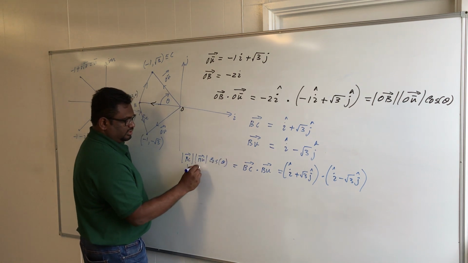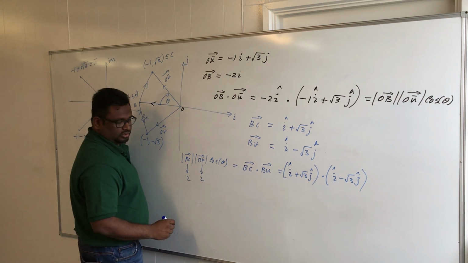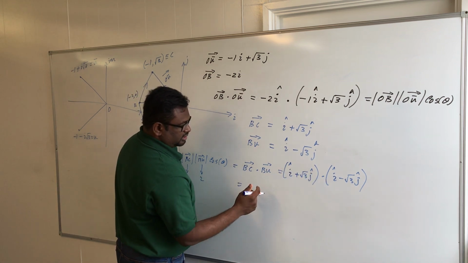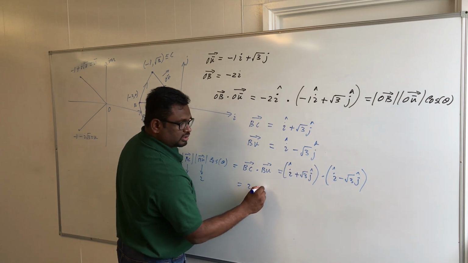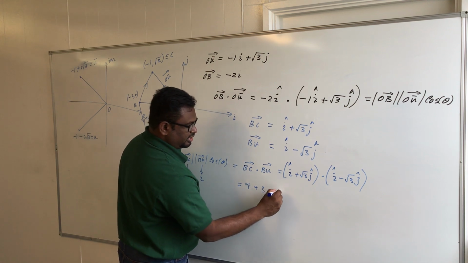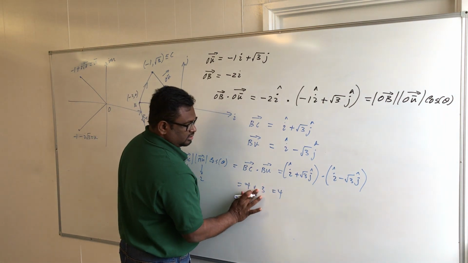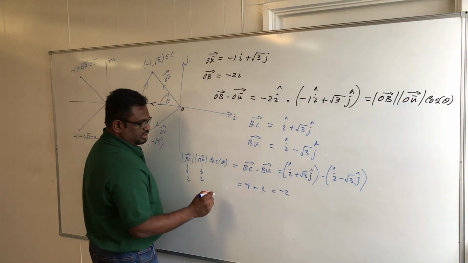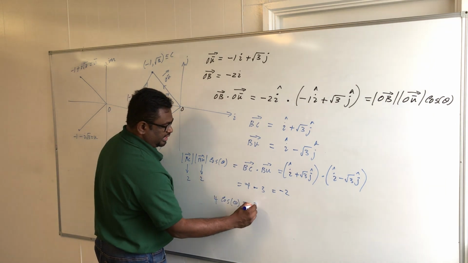So this one is 2, yeah? Okay. So it's going to be 1 minus 3, negative 2, yeah? So now it's going to be 4 cos theta is equal to negative 2.